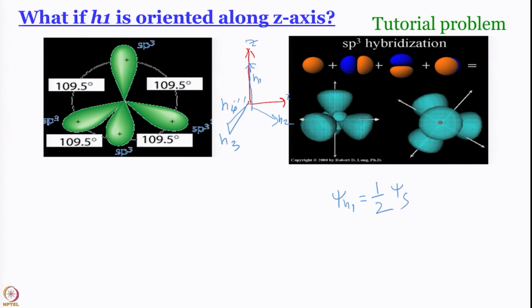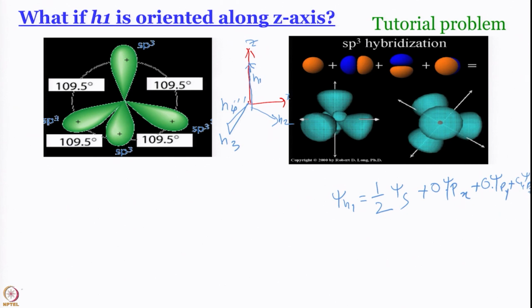But what about the p orbitals? Now, they will not be the same. For H1 I have held it along the z axis. So only Pz will make a contribution, Px and Py will have 0 contribution. So I can write it like this: 0 into Px plus 0 into psi Py plus, what would it have been, C4 into psi Pz.